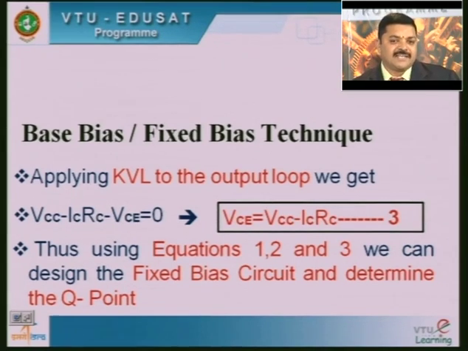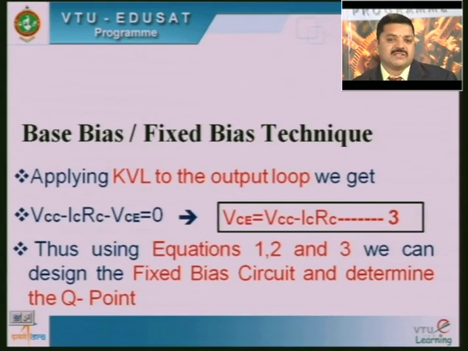So we got IC constant and VCE constant. Once we fix the operating point at the center of the active region, IC and VCE will not vary, which means it is stable there. Once we get a stable operating point, we get faithful amplification. But there are certain disadvantages, which we will see later.